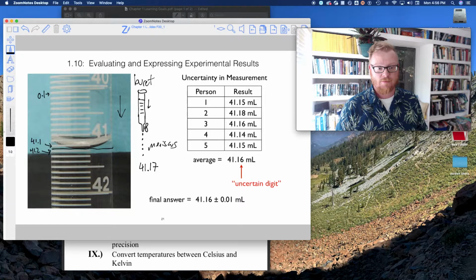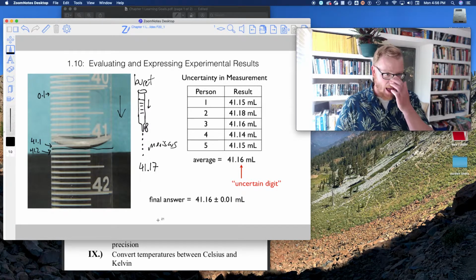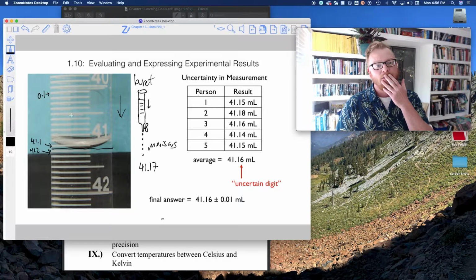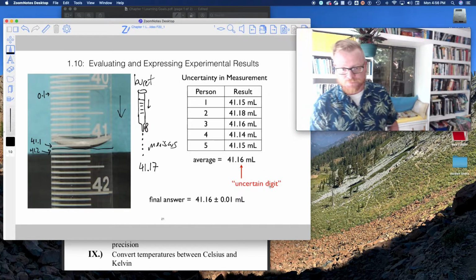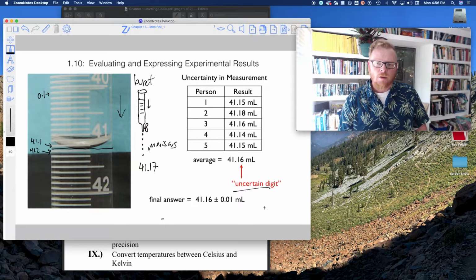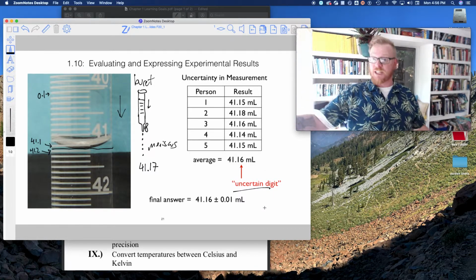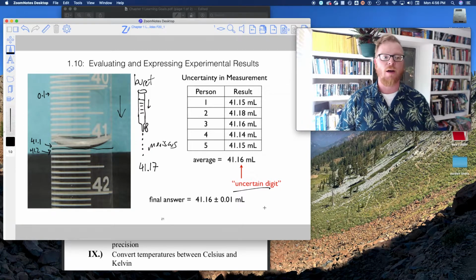And you'll learn this in lab as you go. But if our device has graduations every 0.1 milliliters, you're going to estimate the uncertain digit right here one digit past the digit that you have a graduation for.